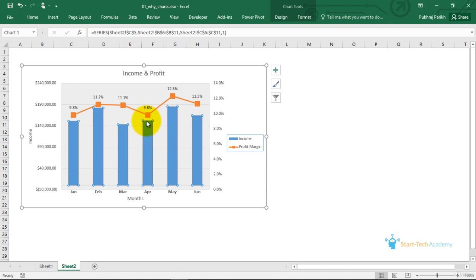So I can approximate it to be around $150,000. If you hover over the bar, it is giving us the value of 152,000. So it is a pretty good estimate for the value.